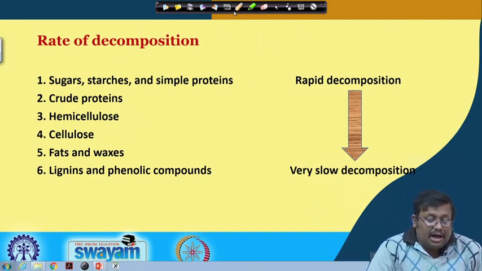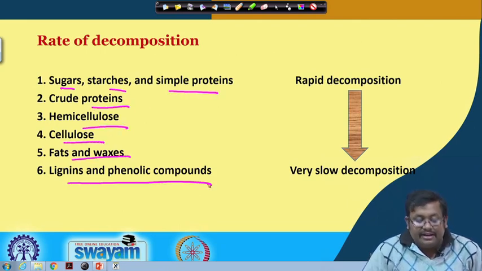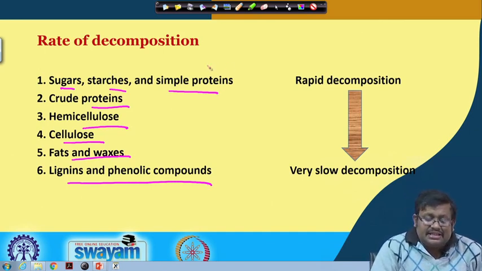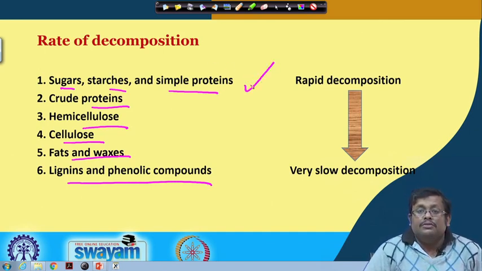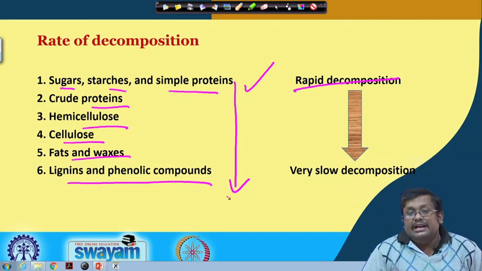For example, you can see that in the plant residues, there are sugar, starch and simple proteins, crude proteins, hemicellulose, cellulose, fats and waxes, and lignin and phenolic compounds. Remember that these sugars, starches and simple proteins generally undergo rapid decomposition, and as we go from the top to bottom, their resistance to decomposition increases.